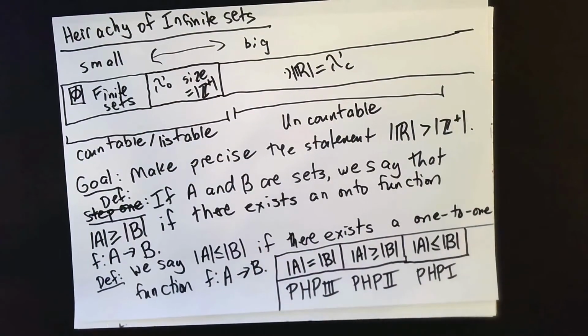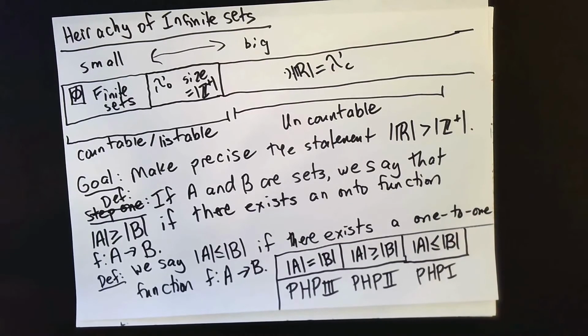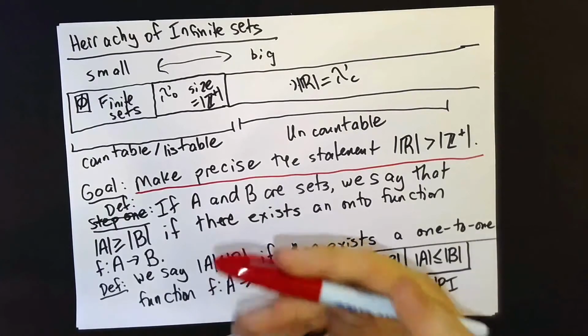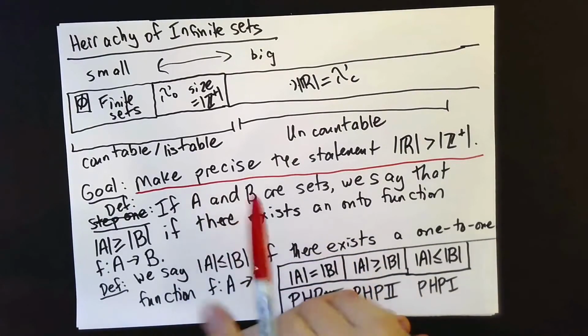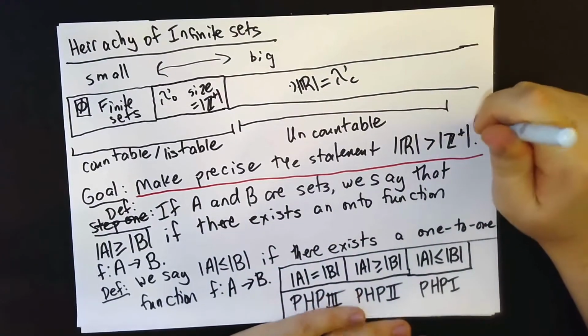So it was really the genius idea of Cantor that you can't really talk about sizes of infinite sets without contemplating functions between them, and in particular one-to-one functions and onto functions. Now, I want to remind you that our goal here was to make precise the statement that the size of R is strictly greater than the size of the positive integers.